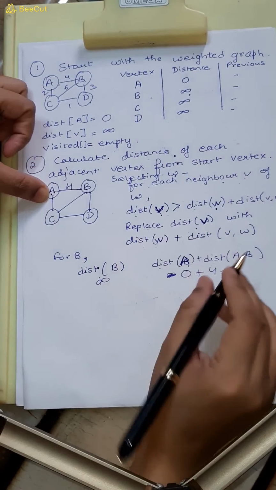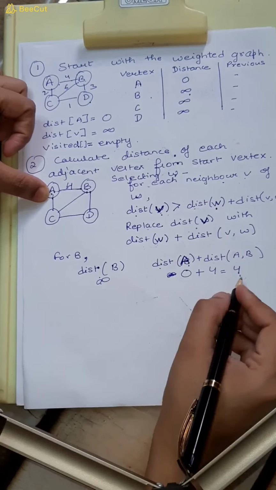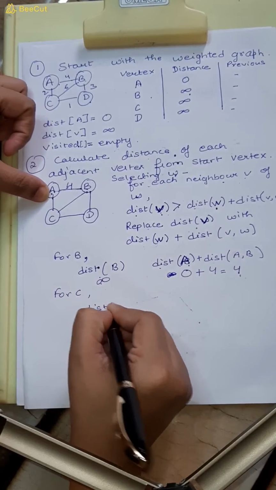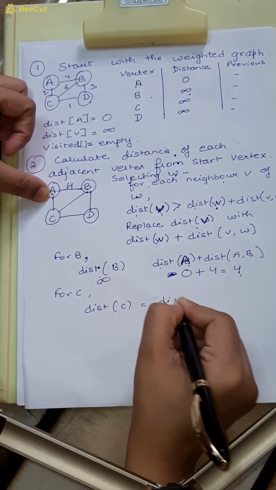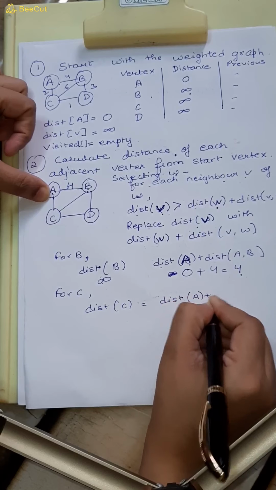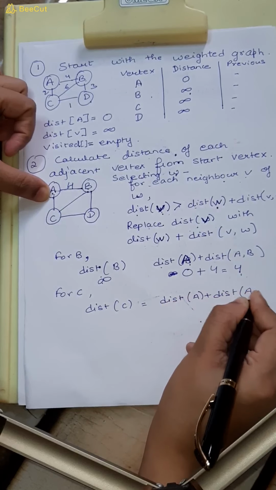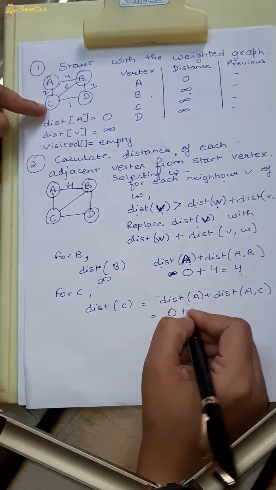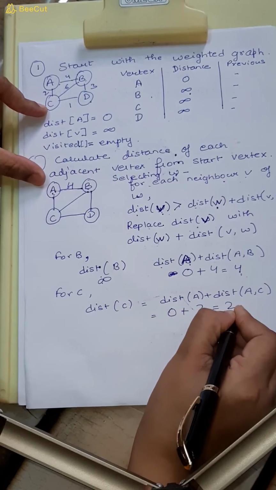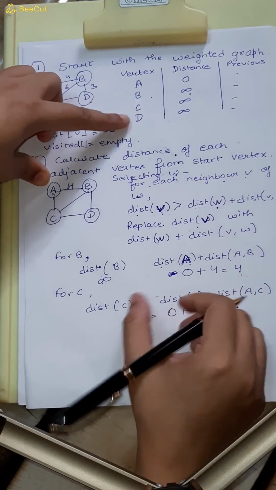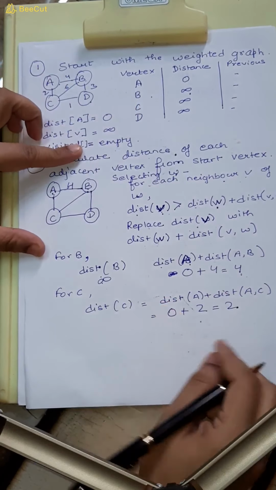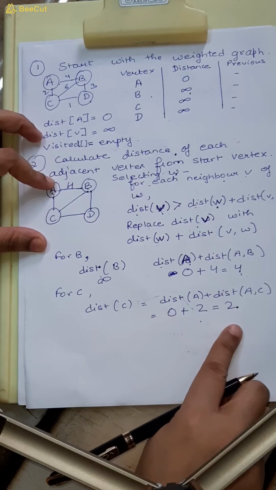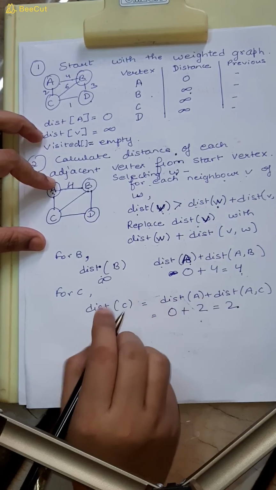For C also, the distance of C will be the distance of A plus the distance from A to C. What is the distance of A? 0 plus A to C, see the diagram, it is given as 2, so this comes as 2. In the table it was infinite, but using this formula we get 2 for C. So from A to C we can reach in distance 2, so we can replace it.